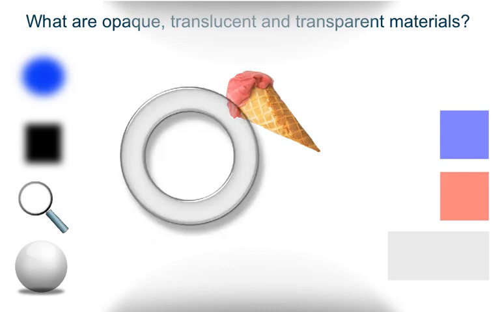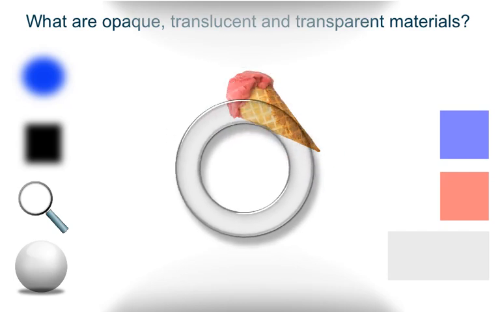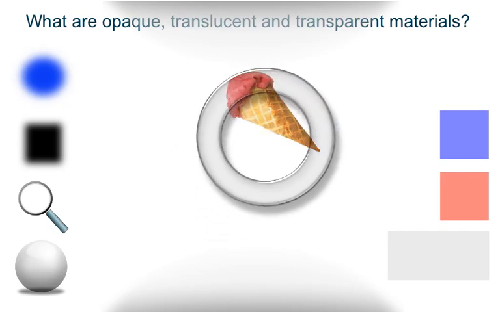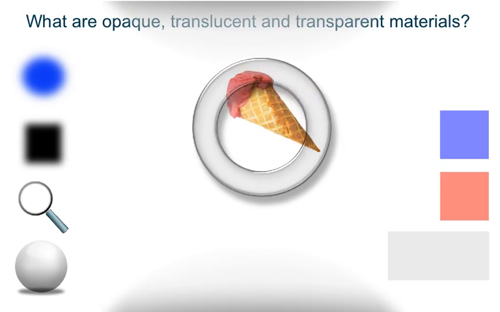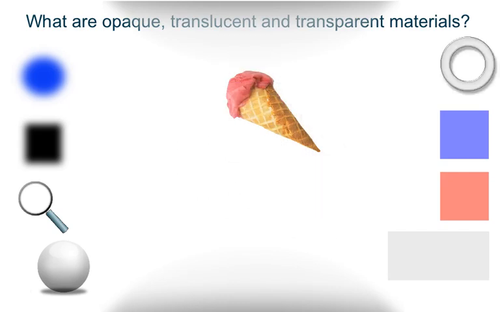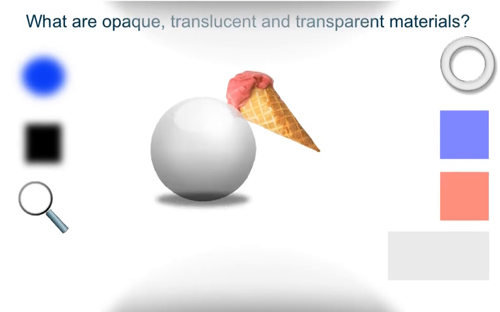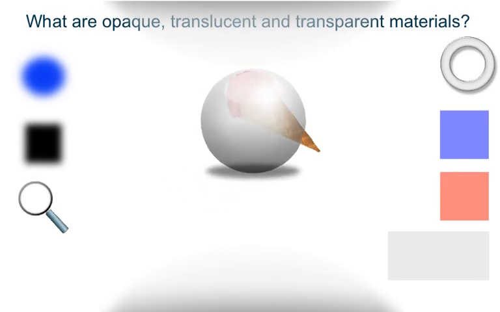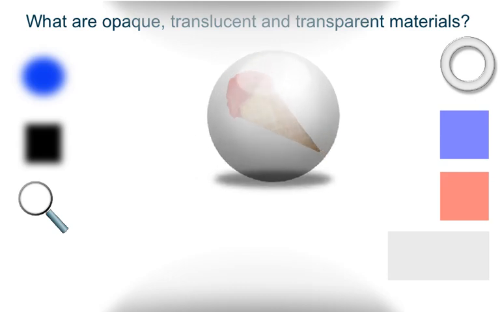Placed over the ice cream cone, you can see it very clearly, because transparent materials allow most light to pass through. And translucent materials allow some light to pass through, so if you put a translucent material in front of the ice cream cone, you can see it, but not too clearly.